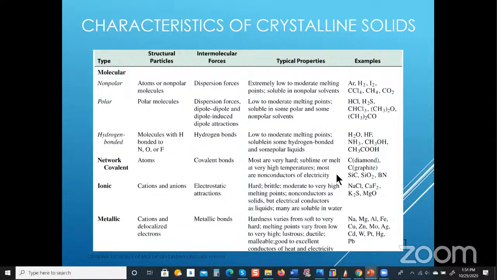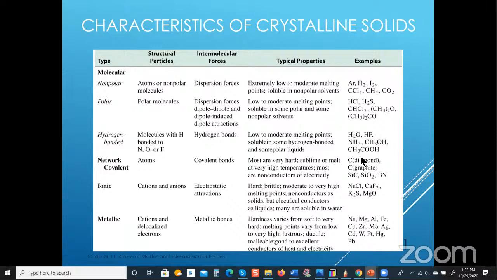Now, the thing about it is that collectively, these covalent bonds would be very strong, right? And as a result, it imparts certain properties to these compounds. These compounds tend to have high melting points, and they tend to be not very good conductors of electricity because the electrons are localized within the covalent bonds. They tend to be very hard, all right?